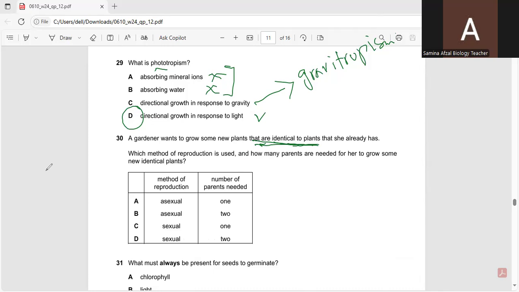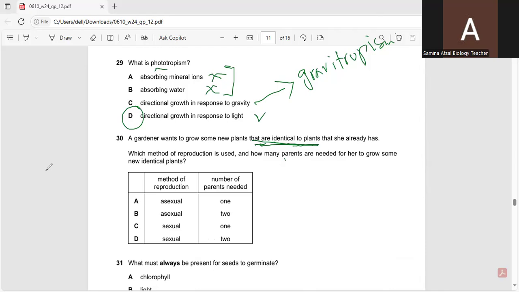So which method of reproduction is used and how many plants are needed for her to grow some new identical plants? From one plant, many plants can be grown. As for example, we can take the cuttings of the one plant. We can use the different methods if we have one plant with us.